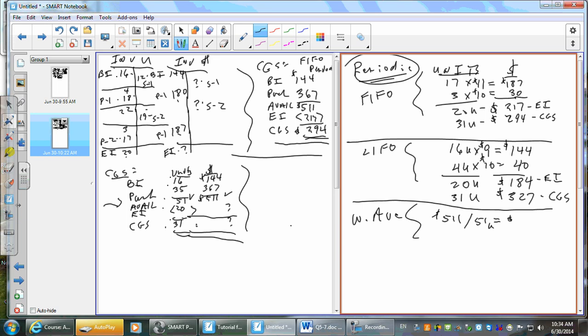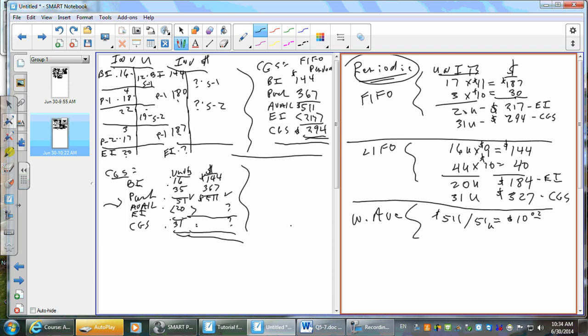What is that? 10 what? $10.02? Well, I made it too close, didn't I? But it doesn't have to be anywhere close. It could be 10.20, it could be 9.86 or something. Got the idea? So you've got to calculate it, and it will make a little difference in the answer.